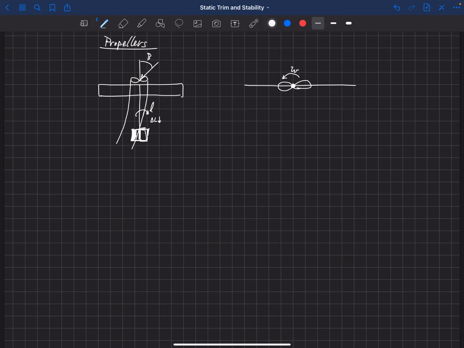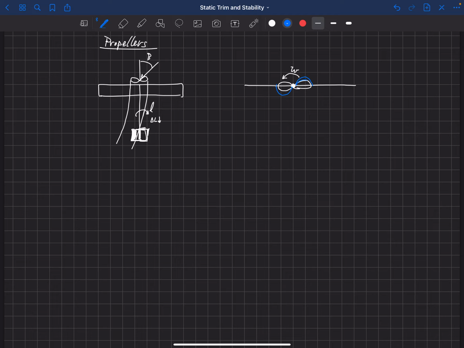Okay, so what happens is that actually increases. So let's say that this wing were at 0 degrees angle of attack or something, so we don't get any lift other than what the propeller is creating. Really, this lift distribution that I'm going to draw here would be added to your global lift distribution. But basically what happens is you get an increase in lift on this side of the aircraft and a decrease in lift on this side of the aircraft.